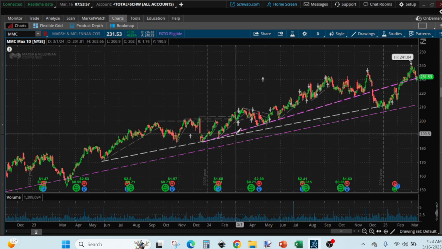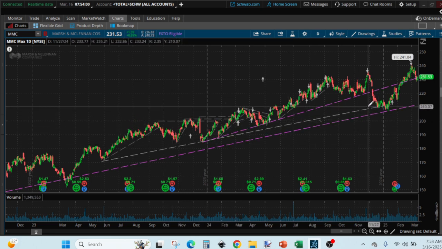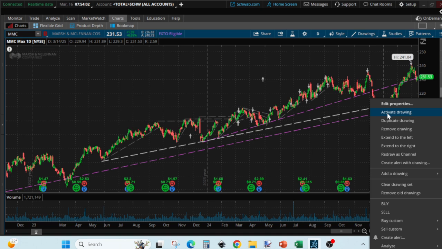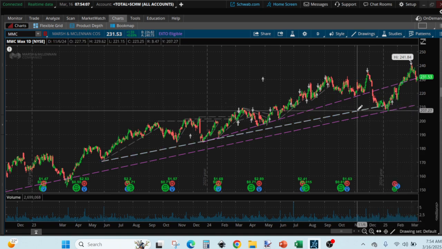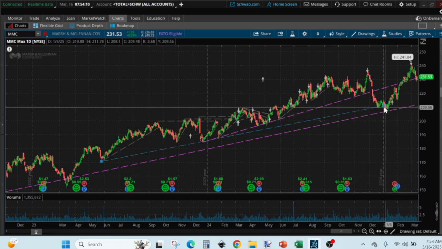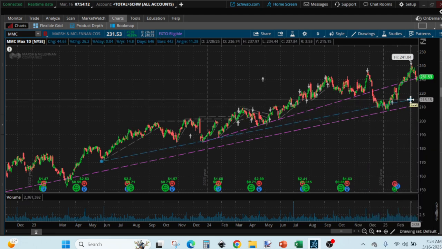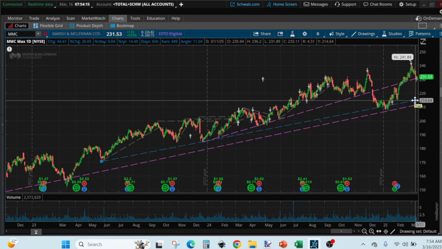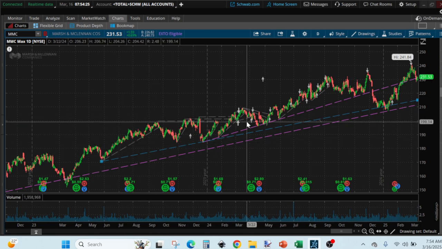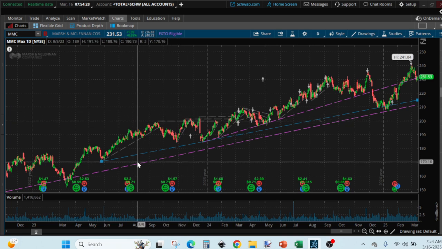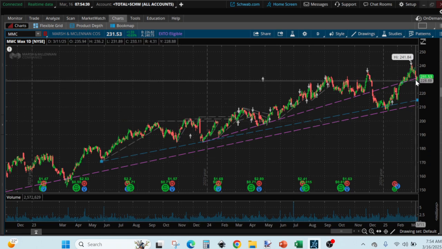So alternatively, let me see, I don't think it's going to come back down to this line here like it did in the past, because this line is quite close to this one, which is practically the same. So we are just going to keep looking at it. We have two green bars there within buy.